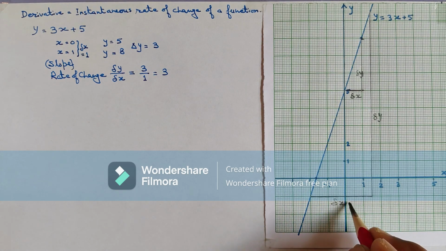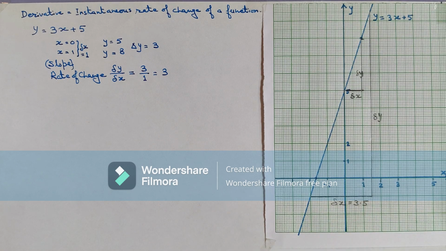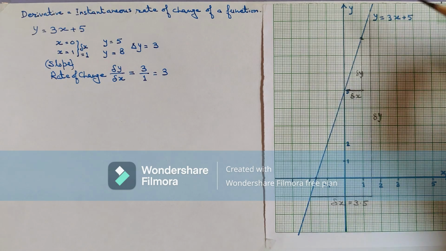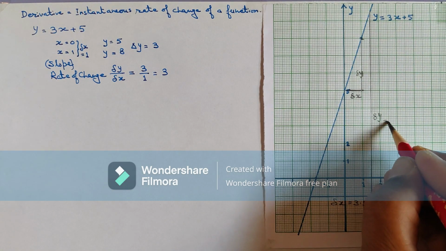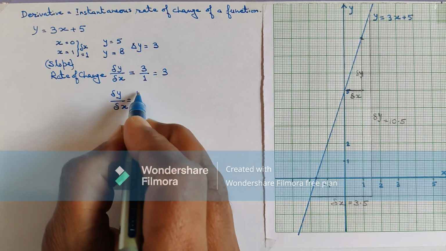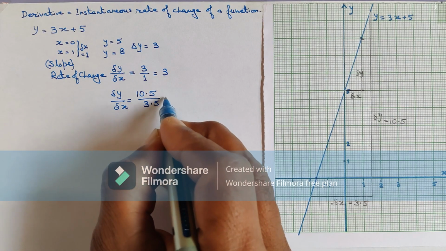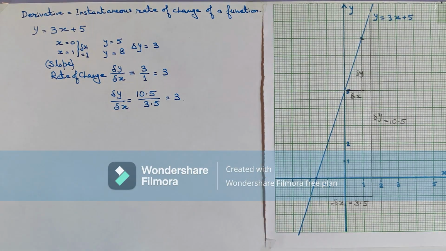Delta x is equal to 3.5, and delta y, minus 1 till 9.5, which is 10.5. So for these 2 points, delta y upon delta x is 10.5 divided by 3.5, which is again 3.